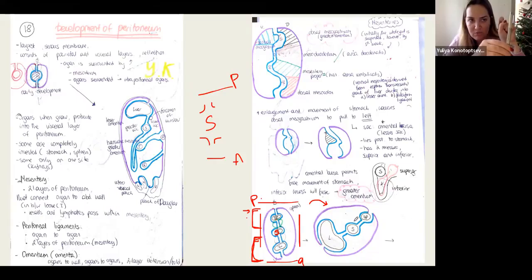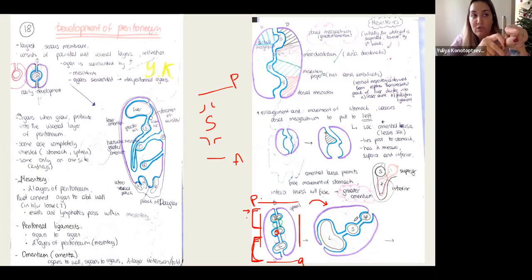Dorsal mesogastrium is originally located posteriorly because it is attaching the stomach to the posterior body wall. But because of the 90 degrees clockwise rotation, dorsal mesogastrium ends up on the left side. Ventral mesogastrium attaches your stomach to the anterior body wall.